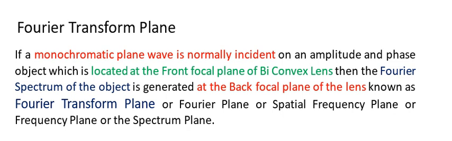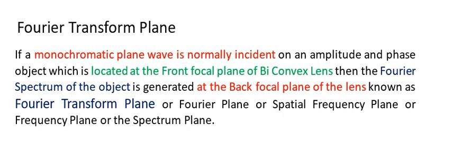If a monochromatic plane wave is normally incident on an amplitude and phase object, that is, an object which can change the amplitude or the phase information of the wave, and that object is located at the front focal plane of a biconvex lens, then the Fourier spectrum of the object is generated at the back focal plane of the lens, known as the Fourier transform plane, Fourier plane, spatial frequency plane, frequency plane, or spectrum plane.